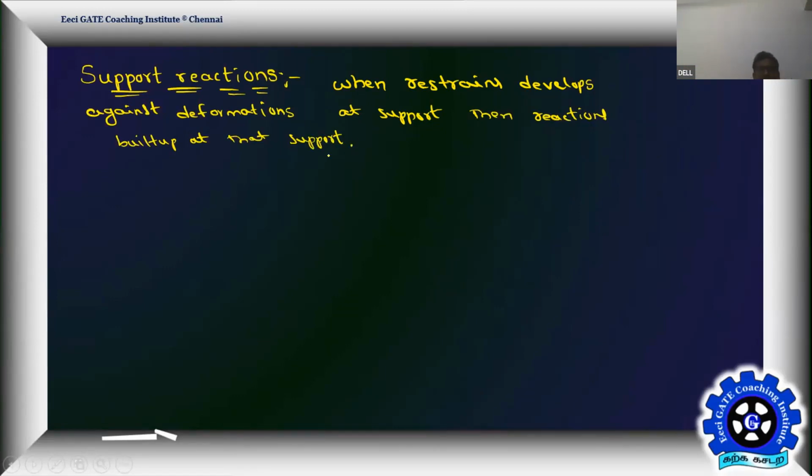Do you understand what I'm trying to say? Please read out whatever is written. When restraints develop against deformation at a support, then reactions build up at that support.